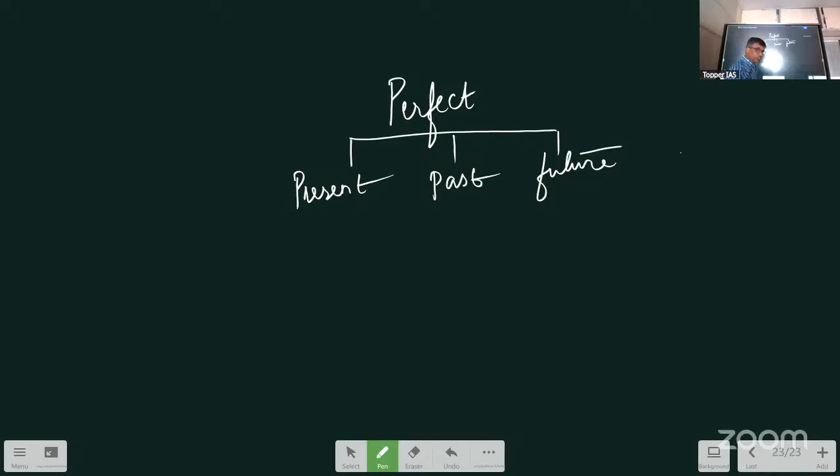Okay. ಇದರಲ್ಲಿ ಪುನಃ present perfect continuous, past perfect continuous, future perfect continuous. ಅಷ್ಟು ಬರುತ್ತೆ. So let us understand what is perfect tense first.